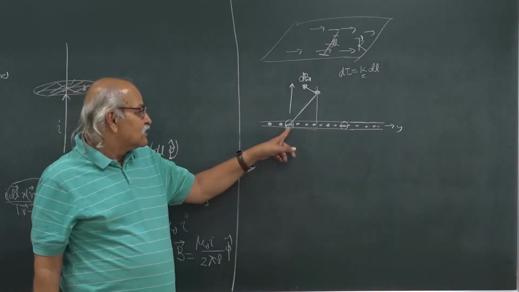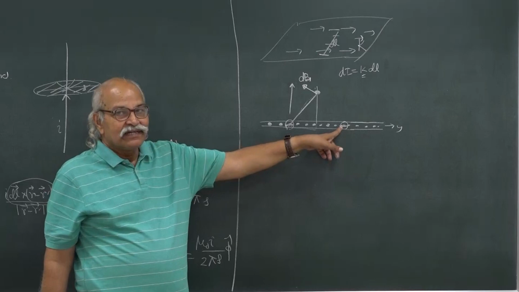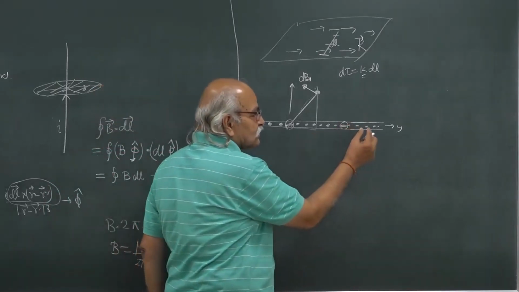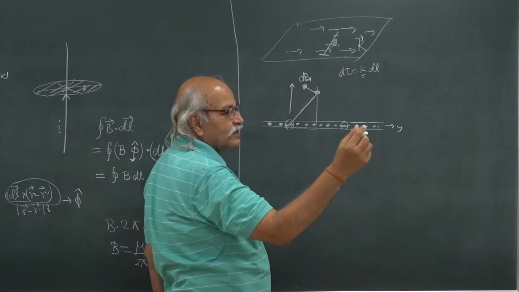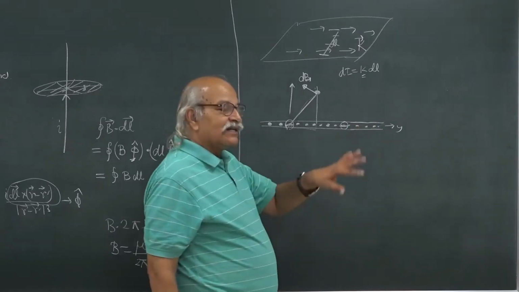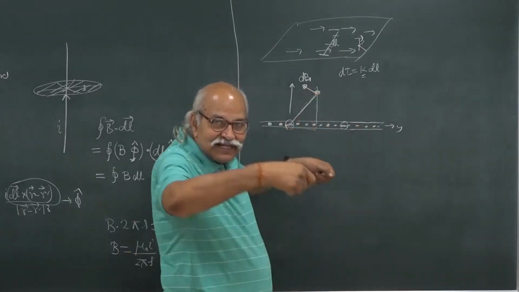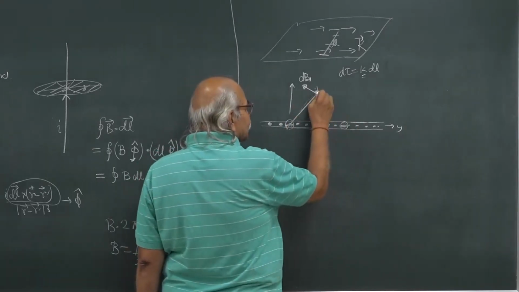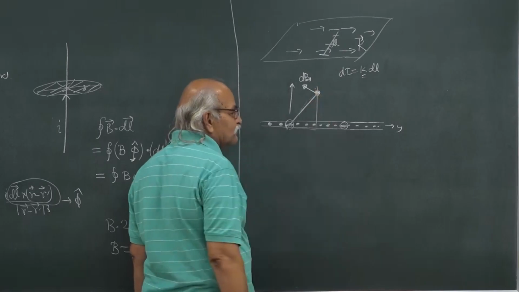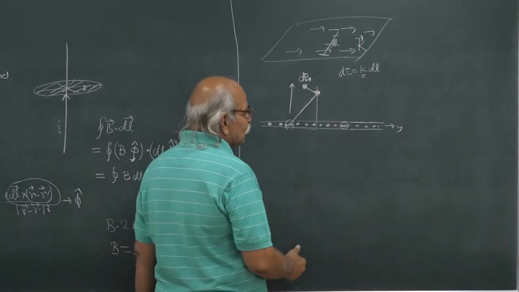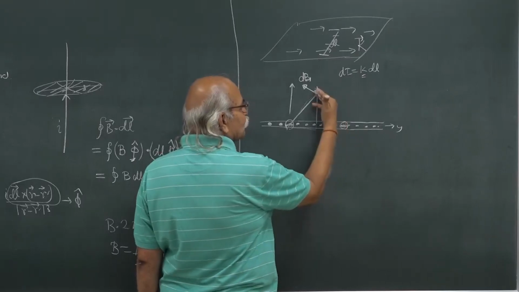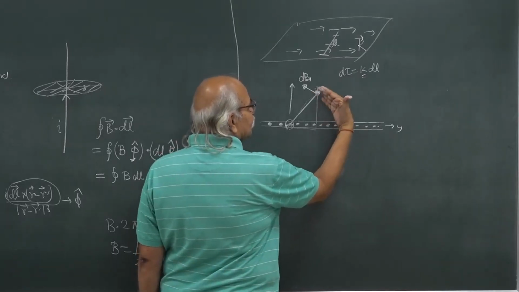And then a similar exercise with this current. Here the current is like this, a narrow strip, long current outside the board and inside the board also, of infinite length, and because of this I need the direction of the magnetic field here. Once again we put the thumb in the direction of current and the fingers are curling this way.